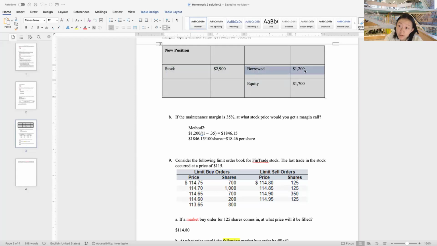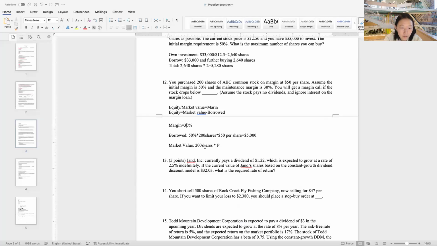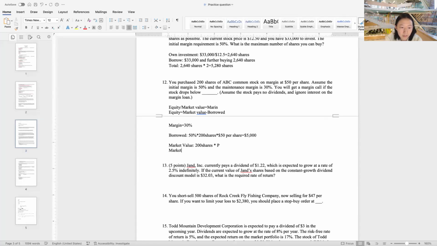We already know the borrowed amount, so we can back out the market value. Market value equals the borrowed amount divided by the proportion of the borrowed, 1 minus margin.